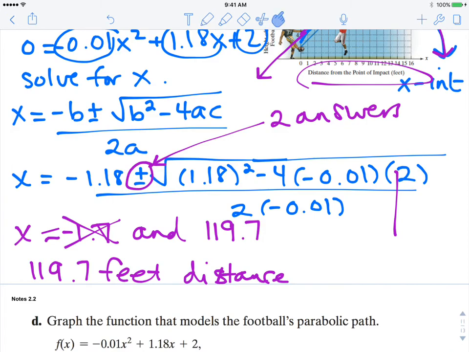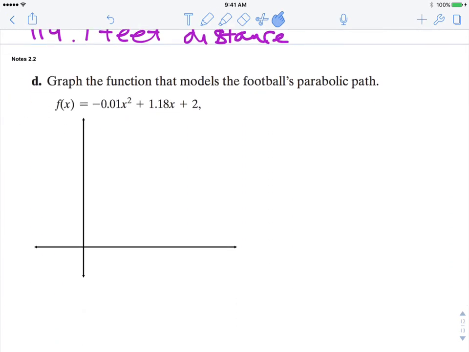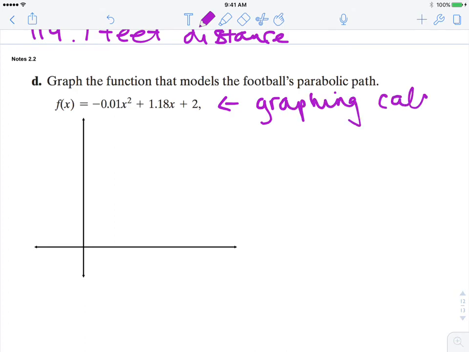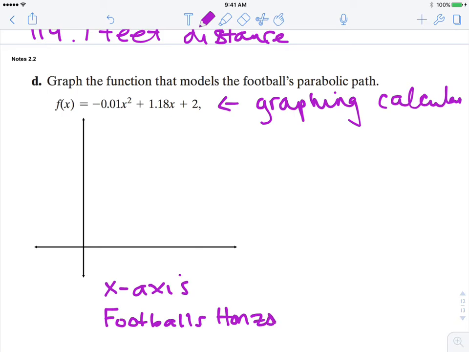from the kicker. Part D says graph the function that models this. We want you to be using your graphing calculator. We're going to be looking for you to label the x-axis with what it represents, with the appropriate unit of measure.